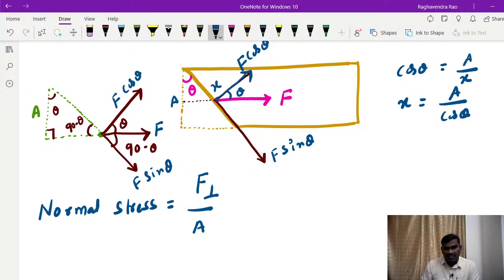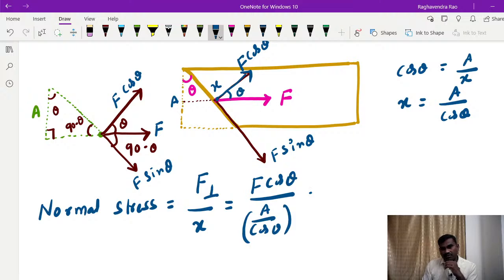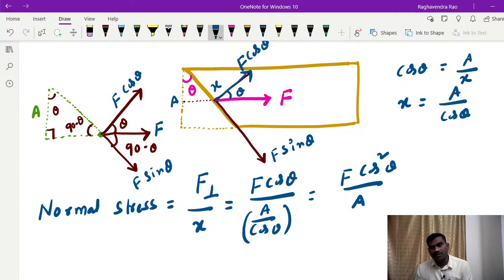So the cross section is nothing but x. Now what is the perpendicular component? The perpendicular component is F cos theta divided by x, where x is A by cos theta. This is F cos square theta by A. So this is the expression for normal stress.